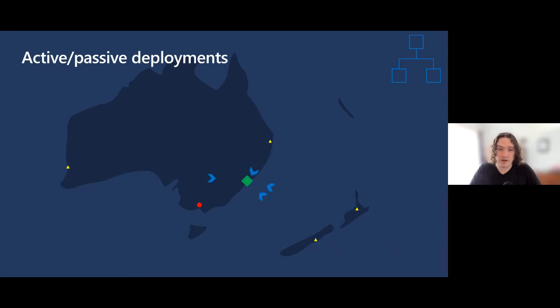All the traffic will be directed there. But what's happening behind the scenes is that we'll have some kind of secondary replication of our data to go back to Australia Southeast. That's that kind of that backup or that synchronization that Jason was talking about. So that will keep the databases or the state, the data in Australia Southeast up to date.